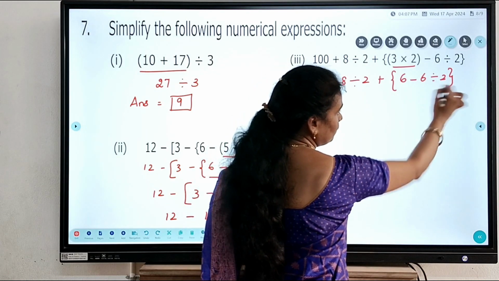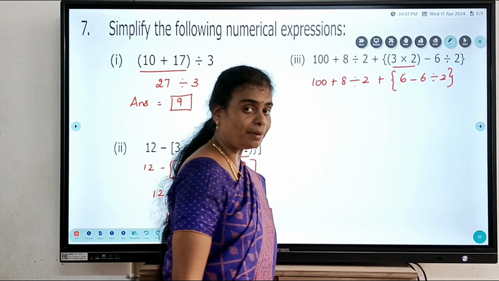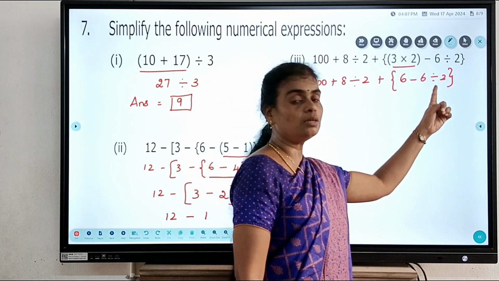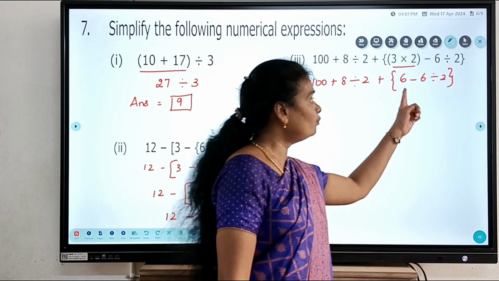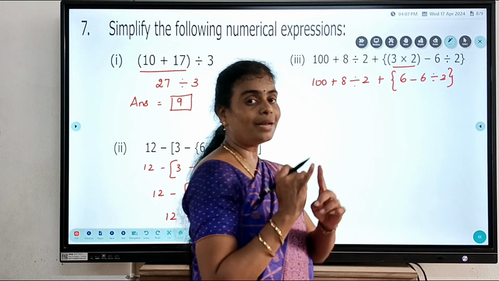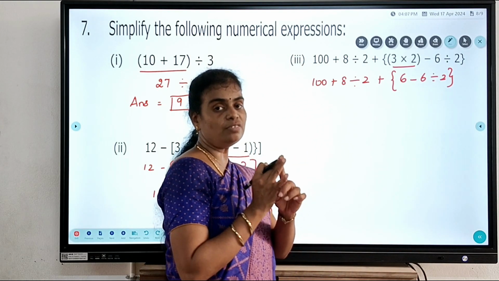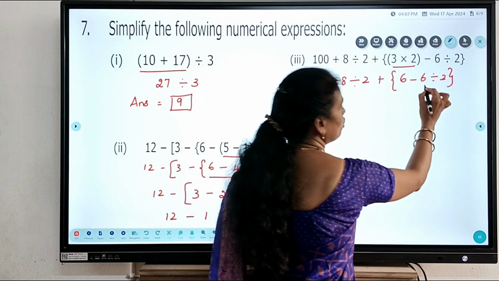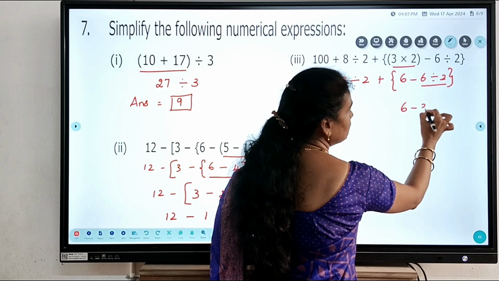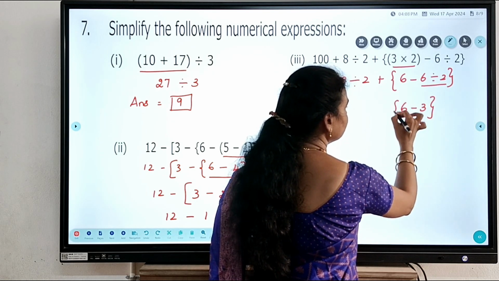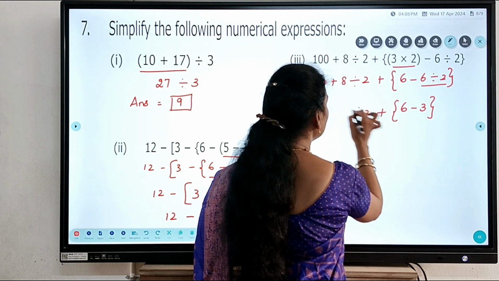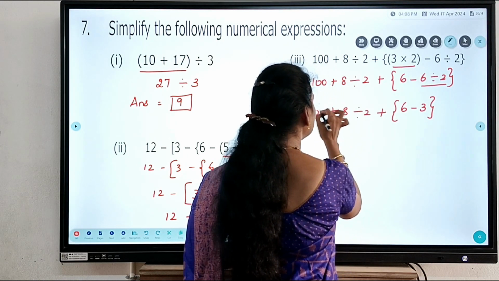Now again this bracket has to be solved, but inside the brackets there are two operations: one is subtraction and the other is division. Of these two, which has to be solved first according to BIDMAS: brackets, indices, division. So division has to be solved first. So 6 divided by 2 is 3.